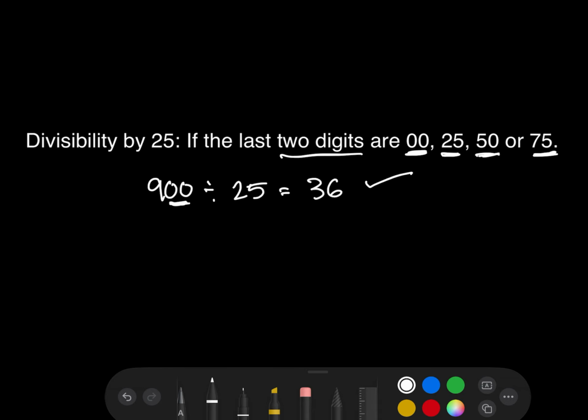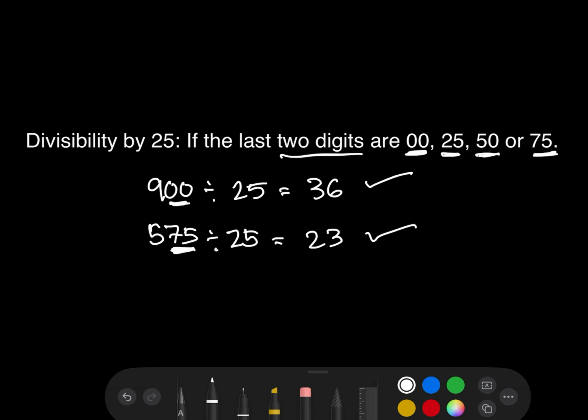Another example, if you have 575, the last two digits are 75. So from the condition, if the number ends with 75, that means it is divisible by 25, where the answer is 23.